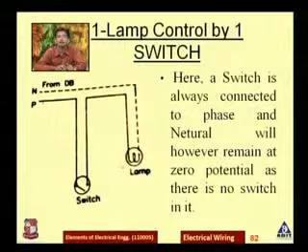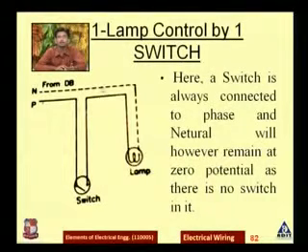Suppose any person is doing repair work and puts the switch in off condition. With the switch on the phase, the neutral is directly connected here, so there will be no injury if we put the switch in off condition, right.